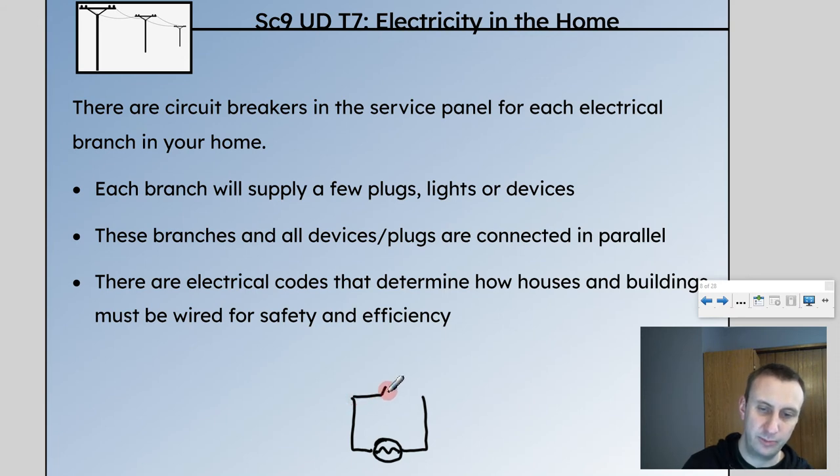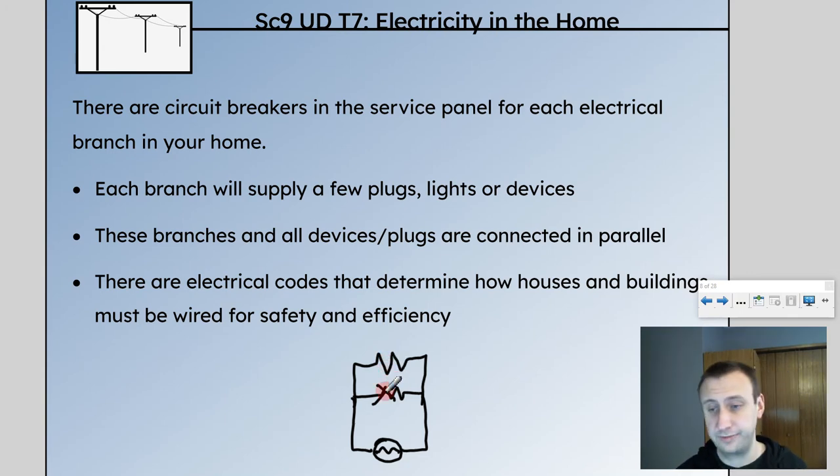Here's one branch, with a load I'm drawing as a resistor, and then there will be another branch for another room or area or device. So if this one is off, then this one still goes. That's the neat thing about it.